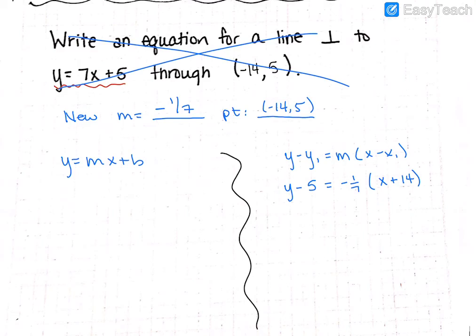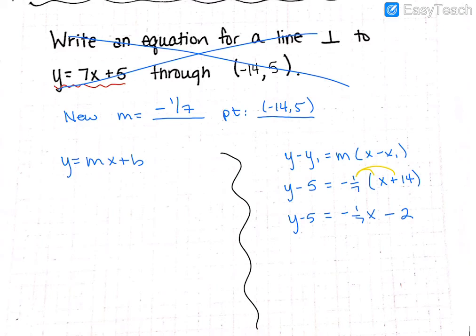All right, so we have to distribute that -1/7 through. We're going to get y minus 5 equals -1/7 x. Nope, that's going to be a plus, because negative times negative is positive. 1 times 14 is 14. Divided by 7 is 2.